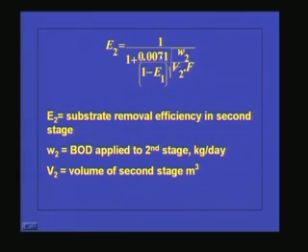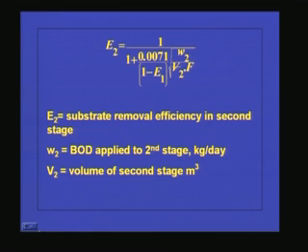E2 is equal to 1 by 1 plus 0.0071 divided by 1 minus E1 into W2 by V2 into F. E1 is the efficiency of the first biotrickling filter, W2 is the BOD applied to the second stage in kilograms per day, V2 is the volume of the second stage in meter cube, and F is the factor which we have already seen. If recirculation is there, what is the F value? If recirculation is not there, what is the F value?